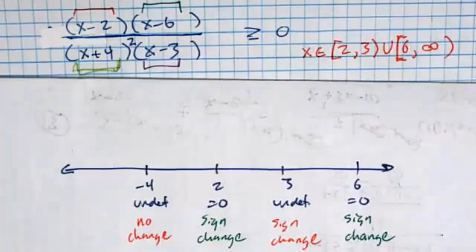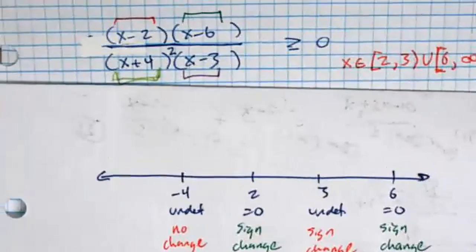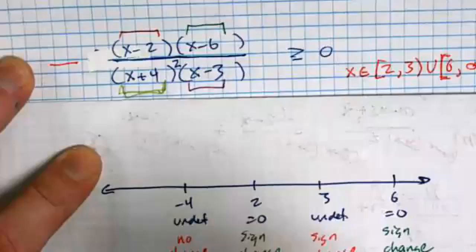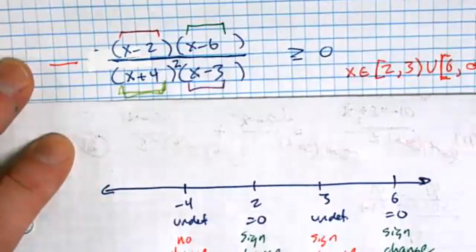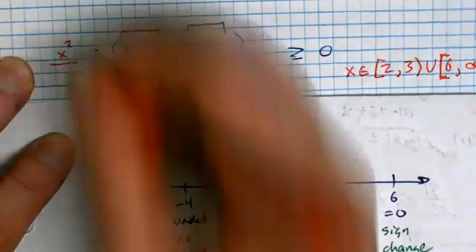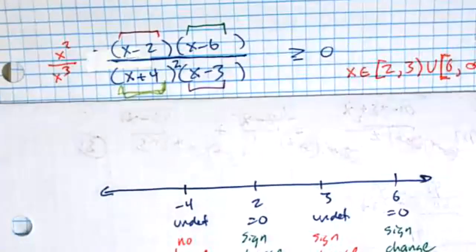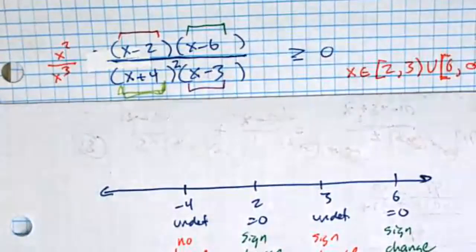Now, if we think about this function overall and try to think about the end behavior, it gets a little bit trickier. What would my lead term be, top and bottom, if I multiplied it out? x squared on the top and x cubed on the bottom, which means what's our end behavior? What's the graph doing as we head off to the left and right?